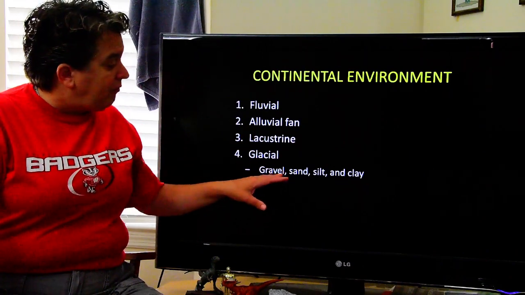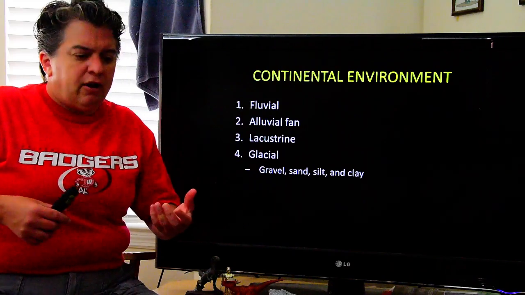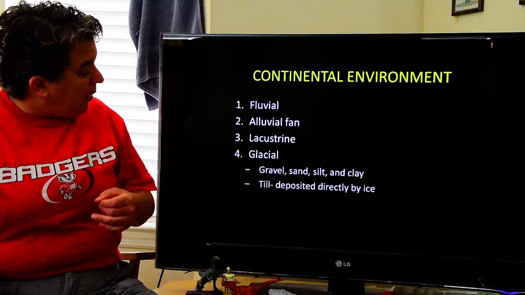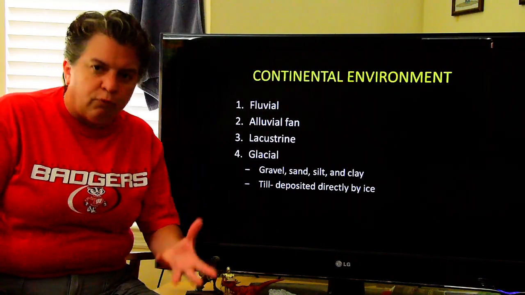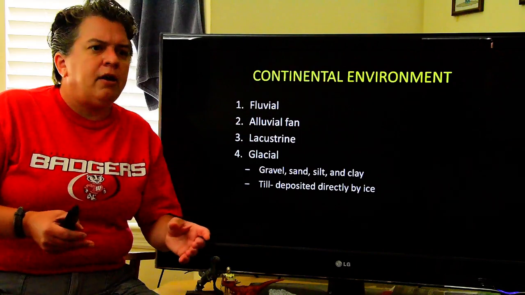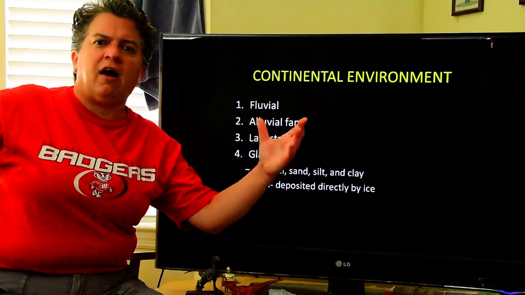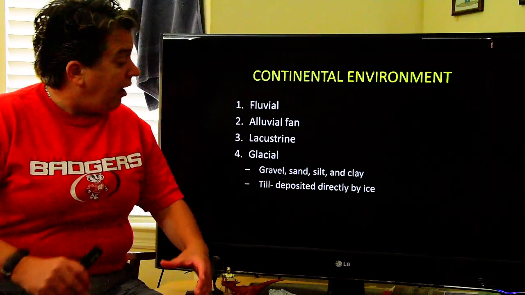You can have gravel, you can have sand, you can have silt, you can have clay, because around glaciers you have till. This is the material that's deposited directly from the ice when it's melted. And ice can pick up boulders the size of, heck, it can pick up boulders the size of houses and drop them off.